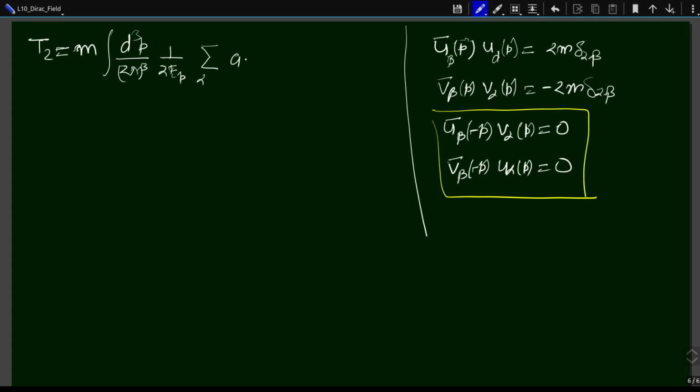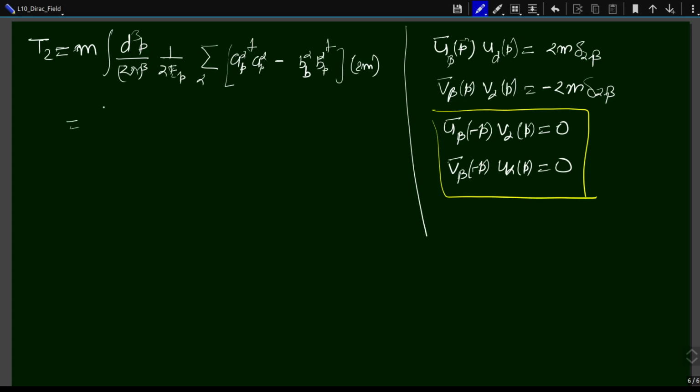So I have A P alpha dagger A P alpha minus B P alpha B P alpha dagger times twice m. This is the important thing. So this is multiplying with a factor twice m, and I can take this m inside.